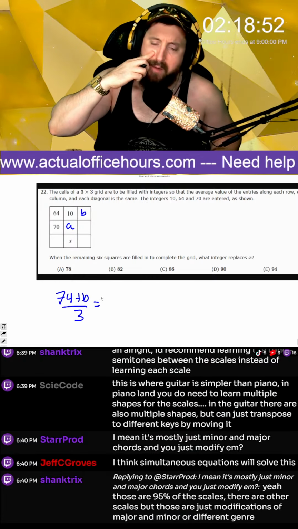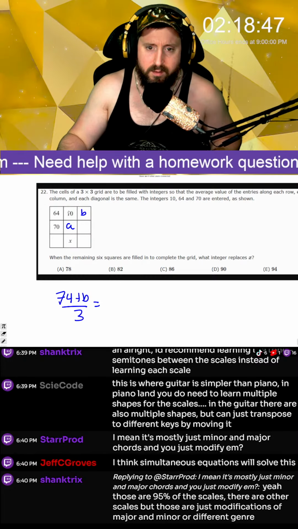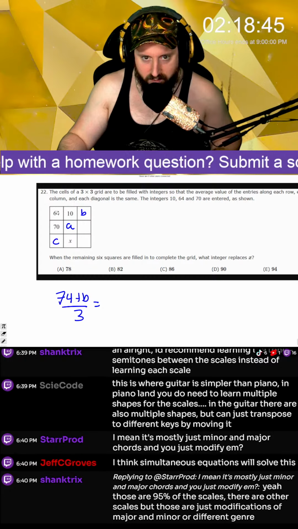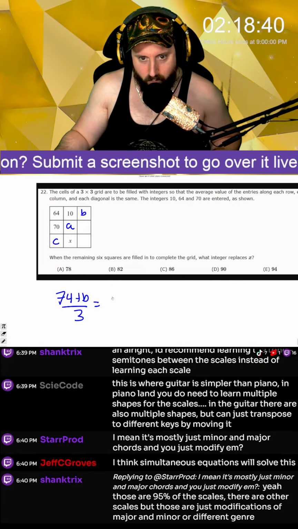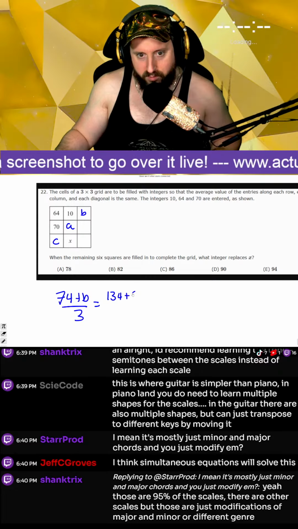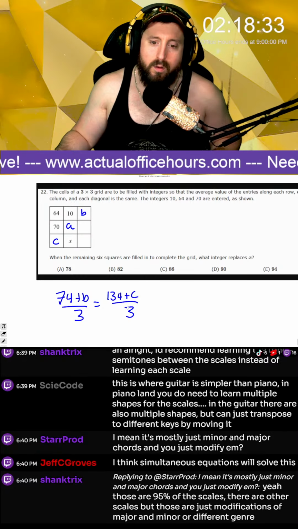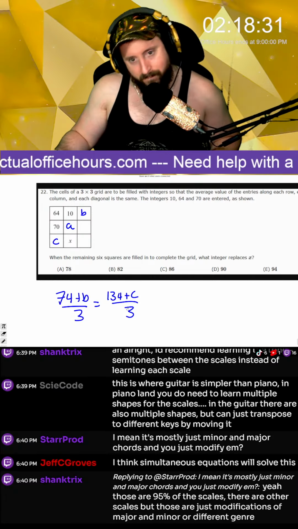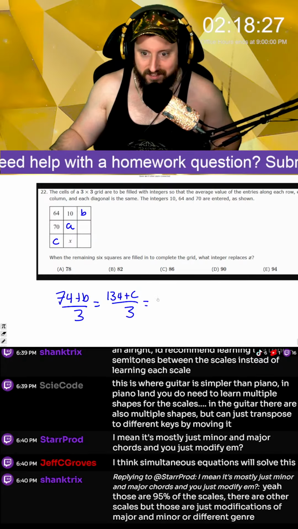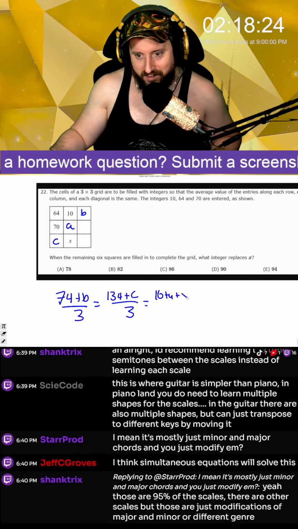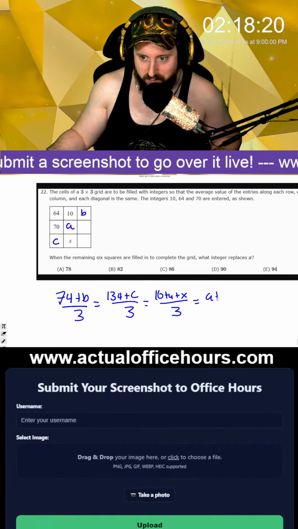That has to equal the same average as, should we make this one C, right? The same as 64 plus 70, which is 134, so 134 plus C over 3. Which then has to equal 10 plus A plus X all over 3. Which then has to equal A plus B plus C over 3.